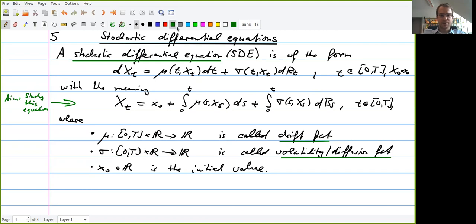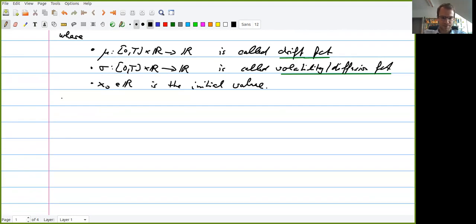All right, and let us start simple by focusing on what's called the linear case, and this means that the coefficients mu and sigma are linear, or at least affine, in the solution process X. So this brings us to chapter 5.1, which is the focus of this video, linear SDEs.